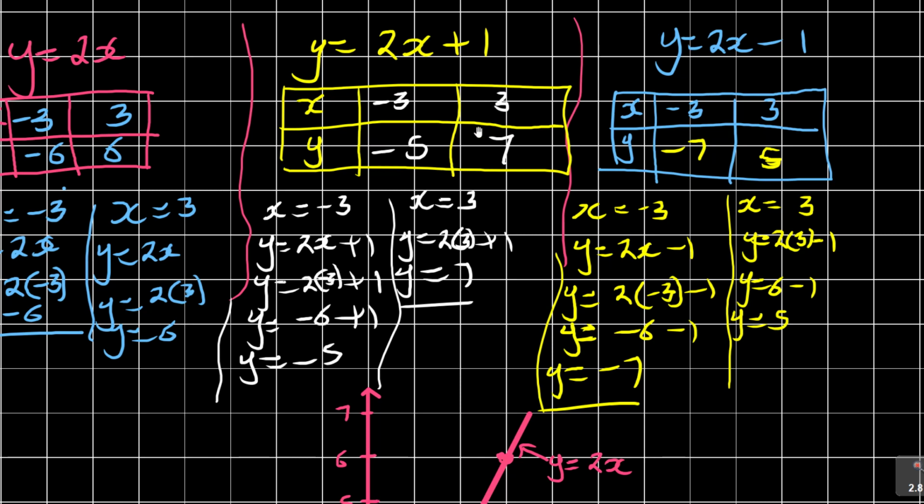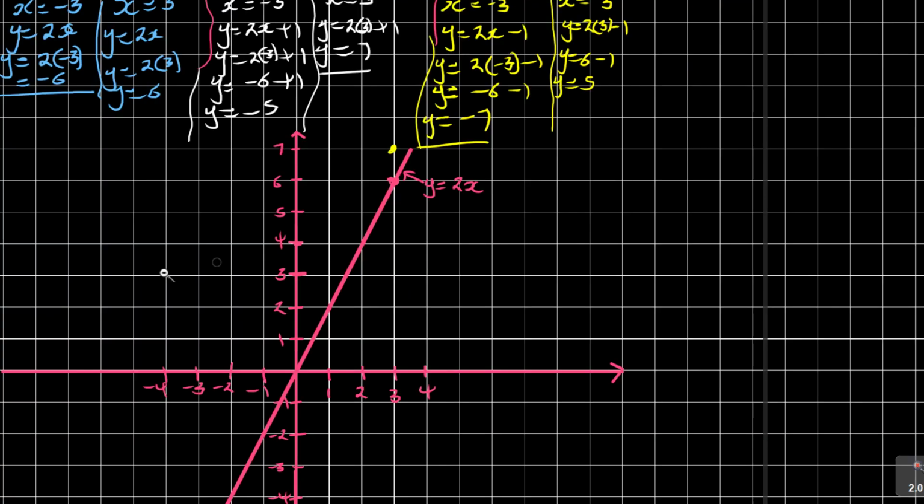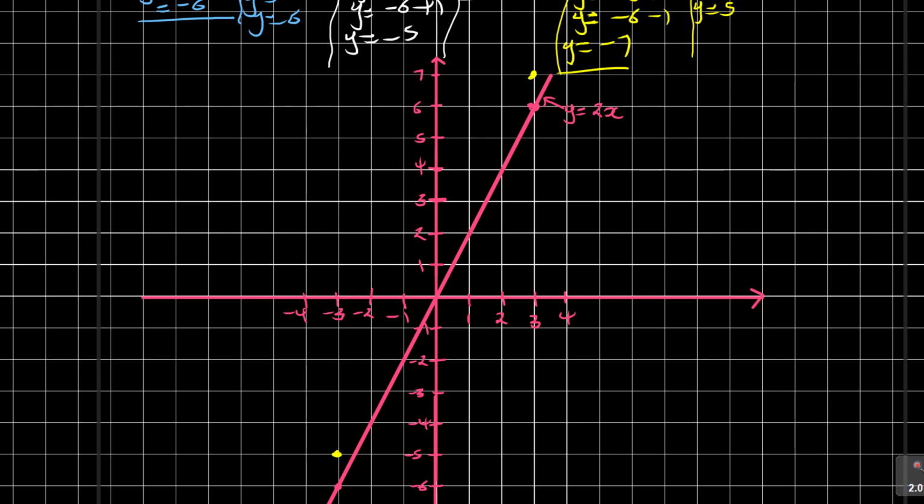Then when x is 3, y is 7. You see where the lines cross, it's your point. It's a matter of joining those 2 points with a straight line. So in essence, the graph is going to be something like this.